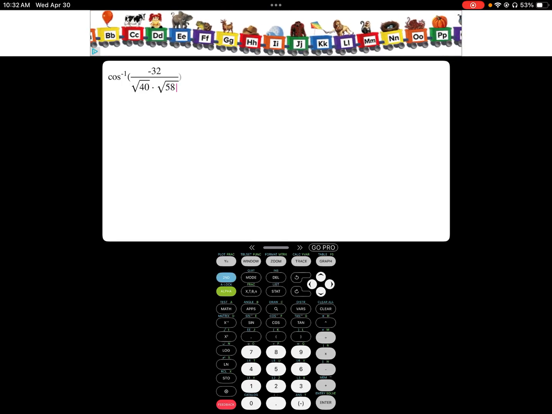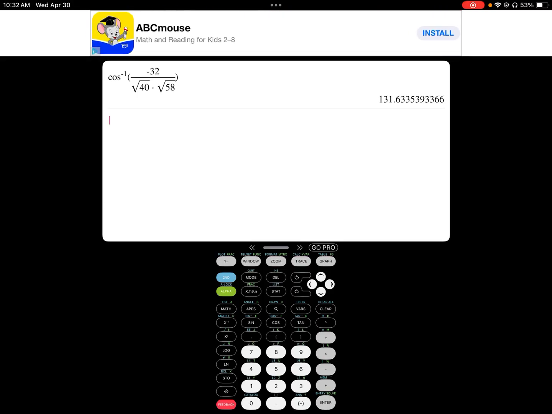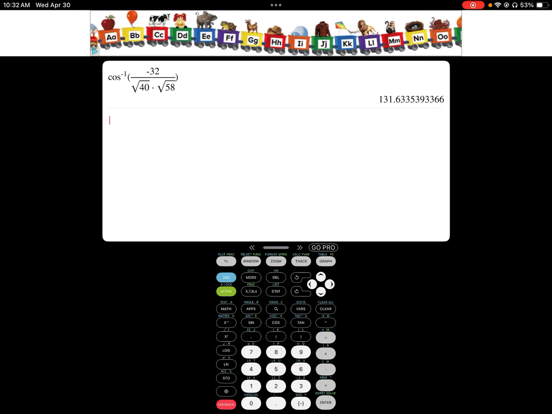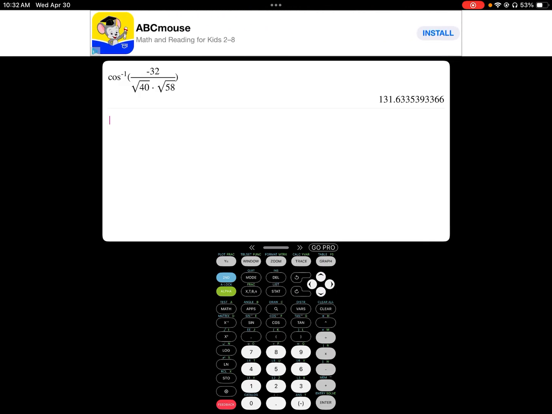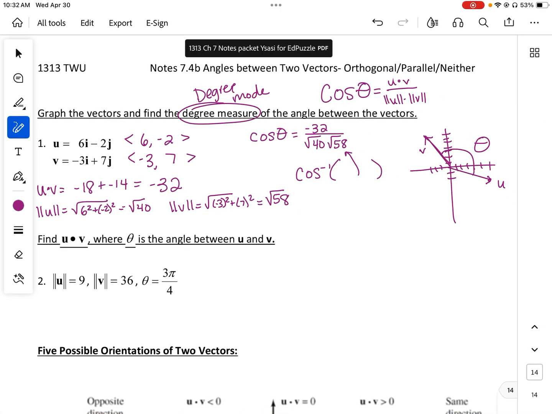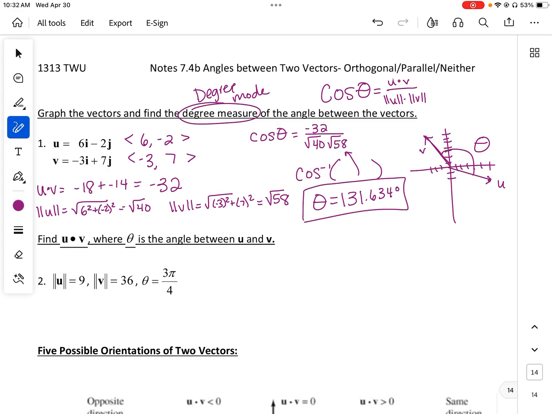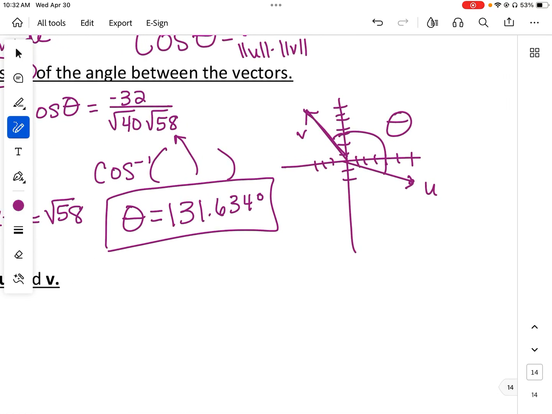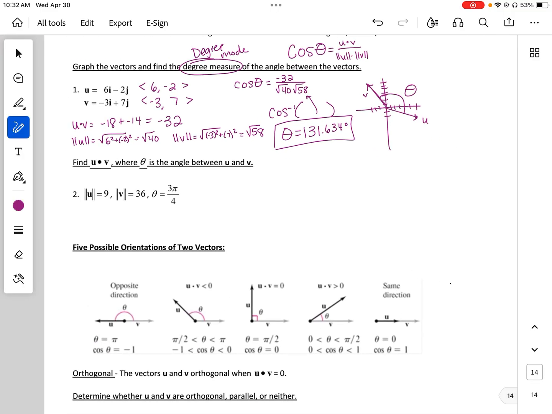There we go. 131.634 degrees is what we're going to go with. And let's just make sure that makes sense for our picture. And it does, because that's an obtuse angle. So 131 seems right. All right, so now let's look at the next one.